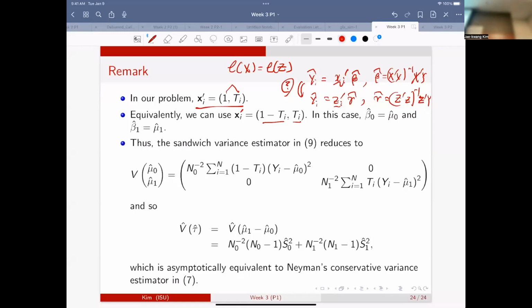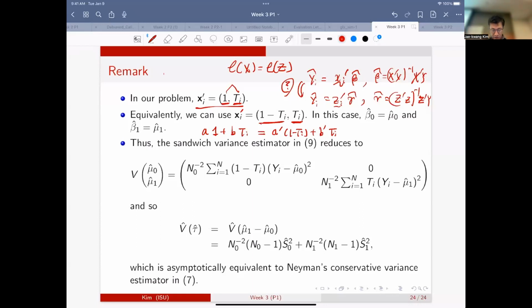So the point is that you can express the linear combination of this guy as another linear combination of these two guys, right? So you can write A times 1 plus B times Ti as A prime times (1 minus Ti) plus B prime times Ti. So given A and B, if you can find B prime and A prime to satisfy this, then it means that they are in the same column space.